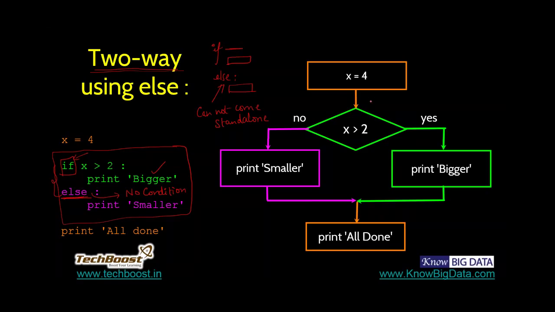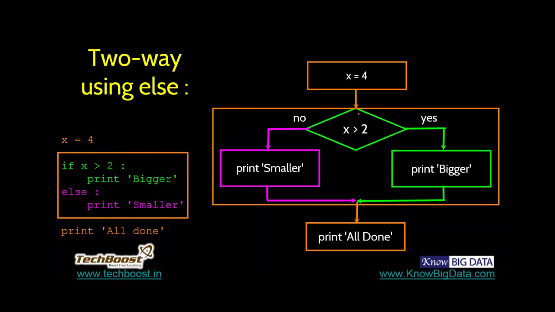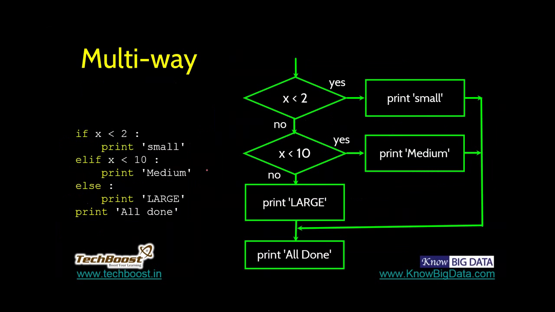Alright, let's proceed further. This is a pictorial representation of how you relate diagrammatically to this code. Let's discuss another one, which is multi-way decision making. So far we have discussed one-way decision making, nested decision making, and two-way decision making.